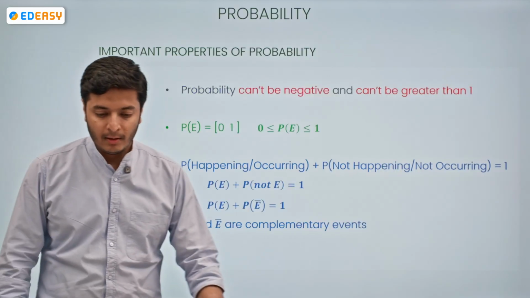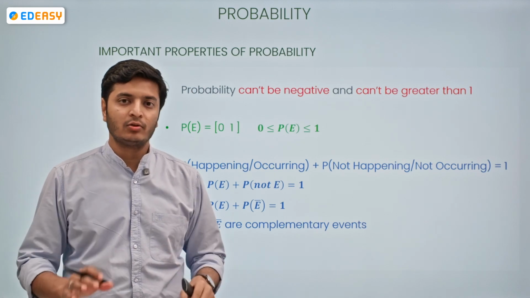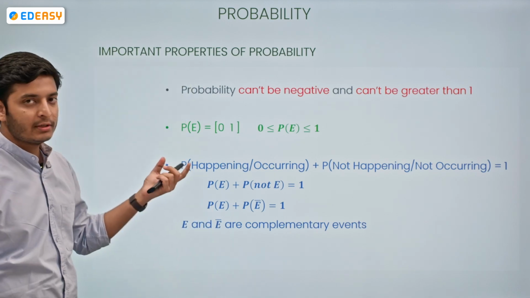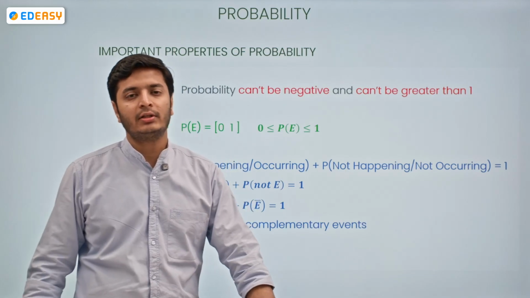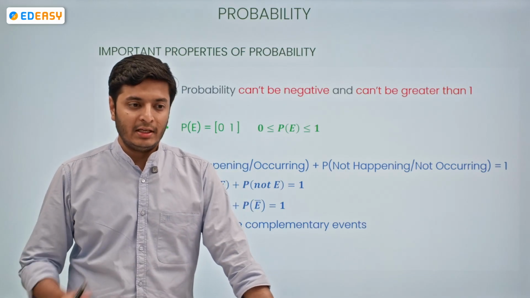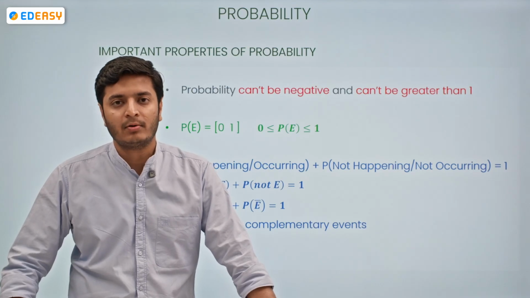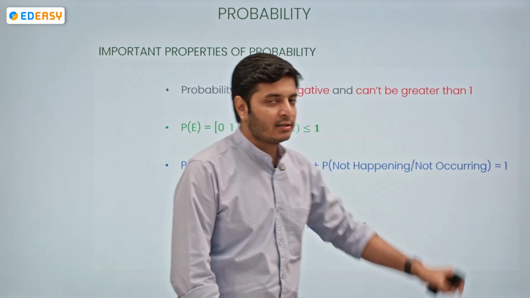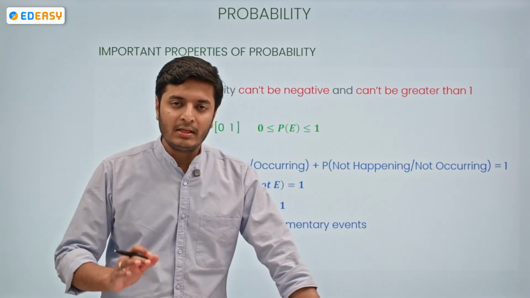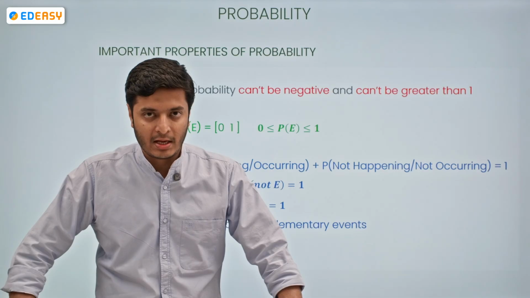Now, important properties of probability. As I told you, probability ranges from 0 to 1 only. So these are very important. Probability can never be a negative value. If someone tells you that the probability of this event to happen is -1, then of course it cannot be a probability, because probability can never be negative, and it can't be greater than 1, because the highest probability of any event would be that it is inevitable to happen, correct?